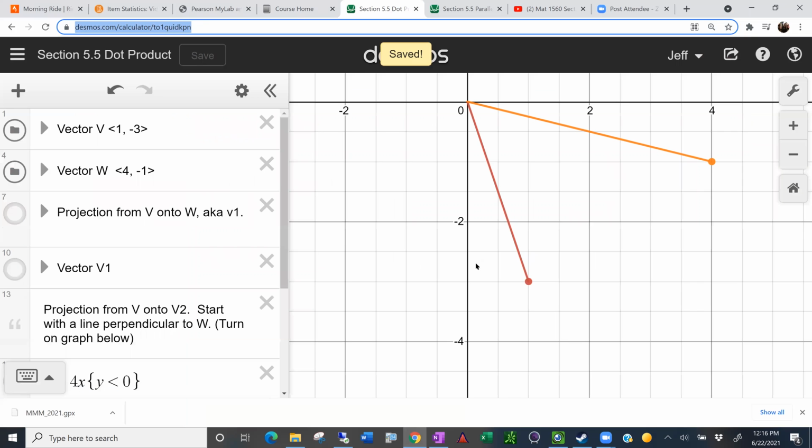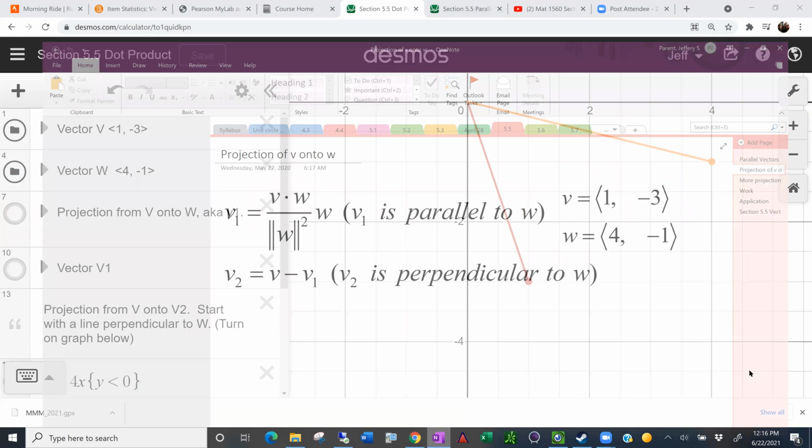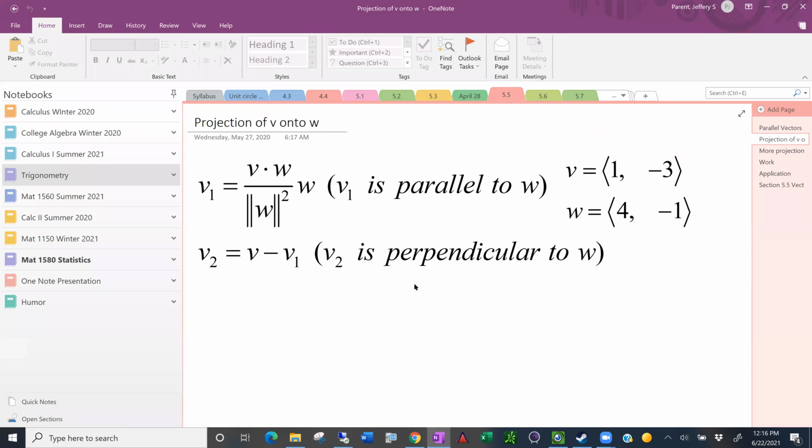Let me put the link in the chat for you if you want to follow along. You don't have to. It's not something we're going to necessarily use for our calculations. But we're going to decompose a vector V into two parts: a part that's parallel to W and a part that's perpendicular to W.